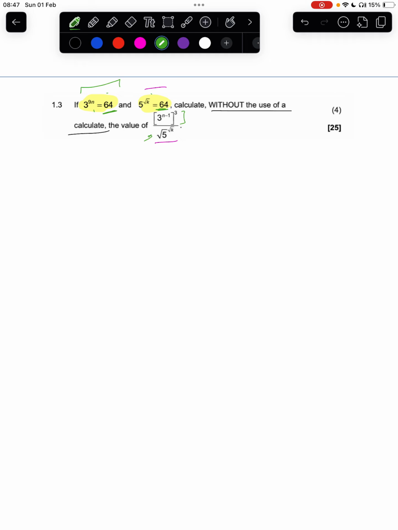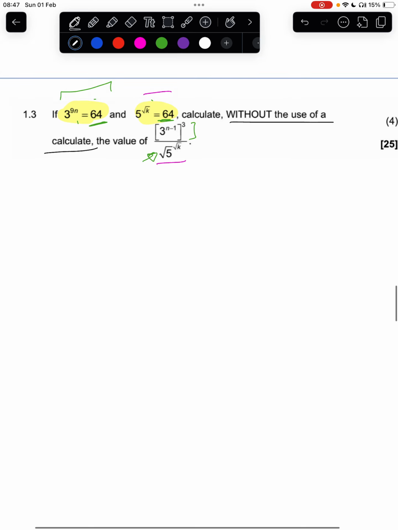Okay, so as we can see this one, we have 3n minus 1 all raised to a power of 3, which means we can have something like this. And then here we have what? We have 3 to the power of 9n. So first let's write it as 3 to the power of 9 is 3 times 3. So we can just write this as 3n all to the power of 3, because 3n times 3 is 9, 64.